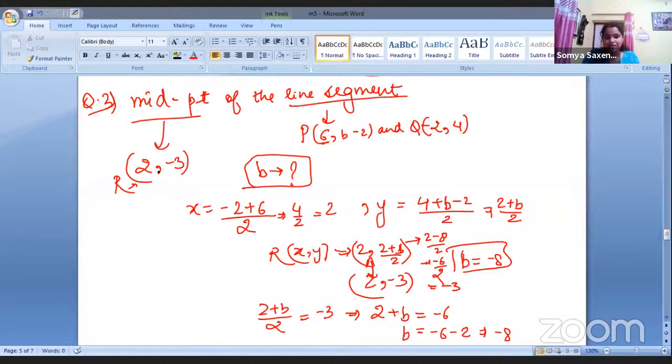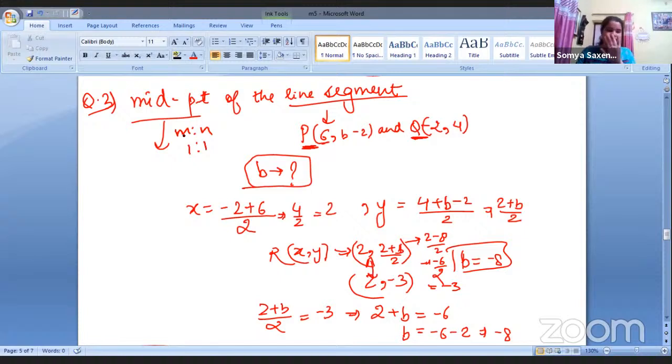See, if by chance this midpoint wasn't given to us in the question, and these two particular points were given to you, it would have been stated that a midpoint exists. So you already know that the ratio is 1:1 only.